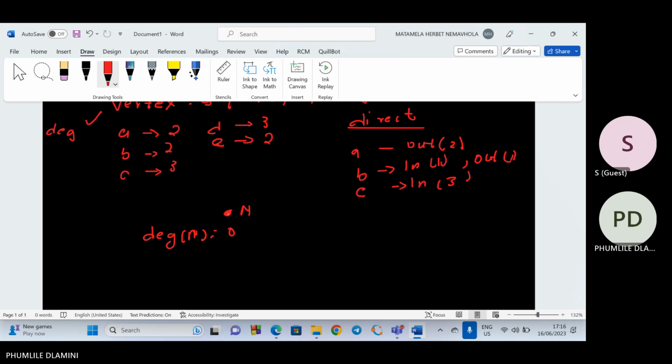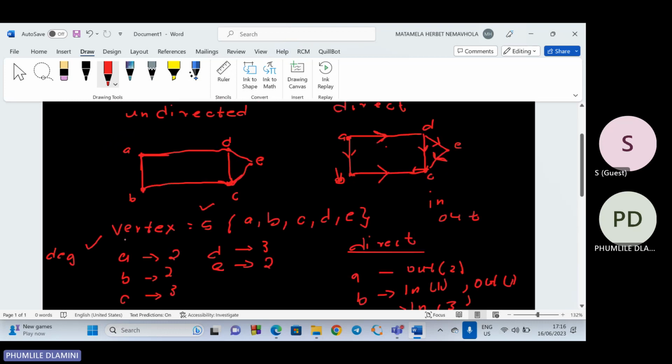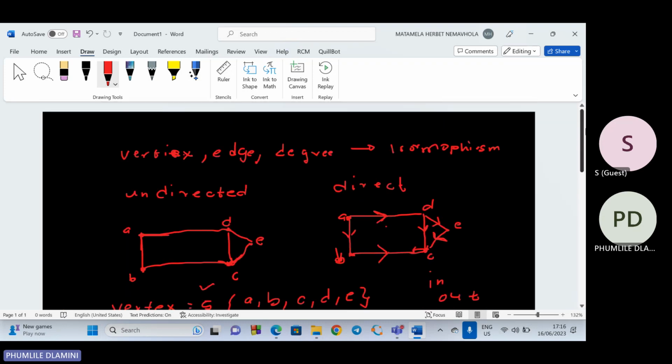Now if we go a little bit further, you are now able to get a vertex and you're able to get the degree for all the vertices.